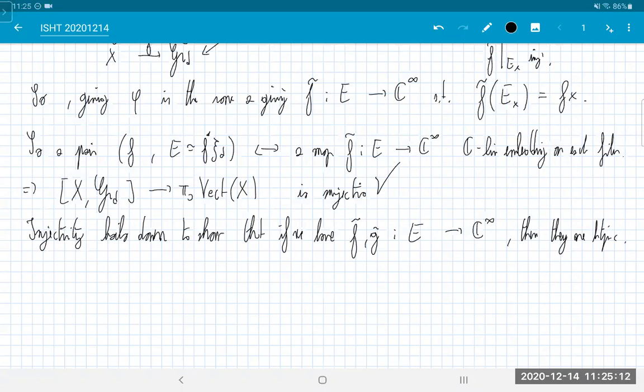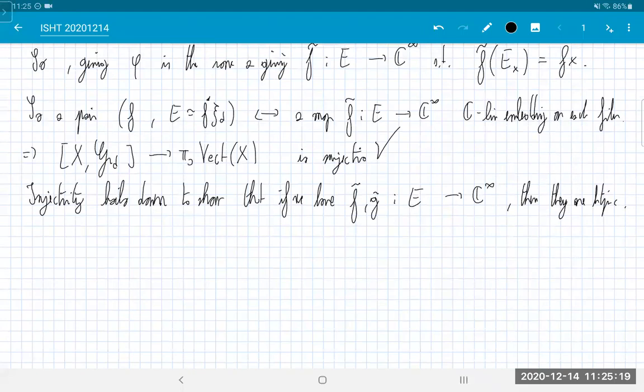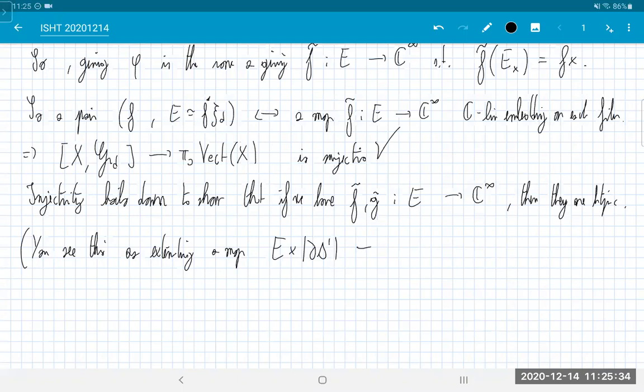And in fact, this is a consequence of that exercise I gave you, although I'll give you a different proof here, but I'll just show you how this exercise works. You could see this as extending a map from E times the border of the one simplex to E times the one simplex. This map from E times the border of one simplex is just a pair of maps, which are F tilde and G tilde.